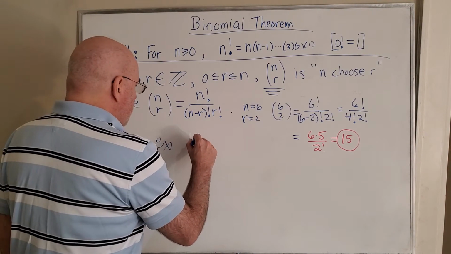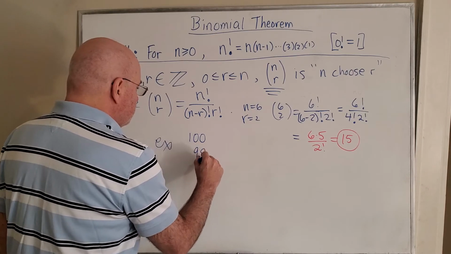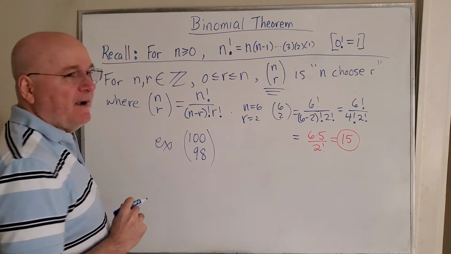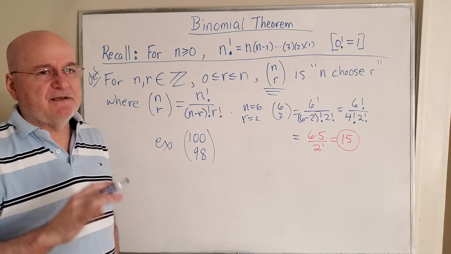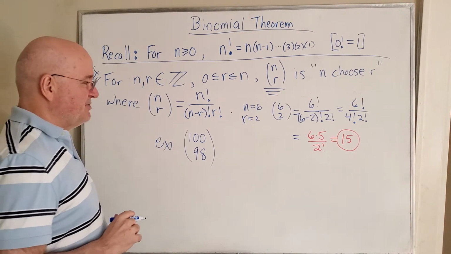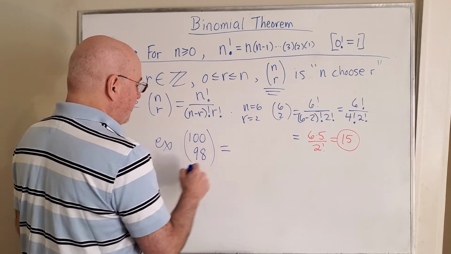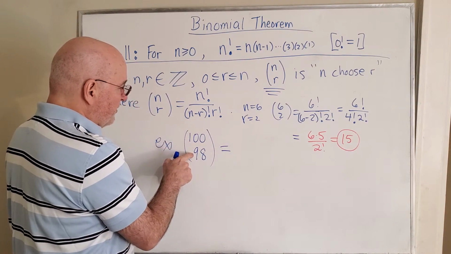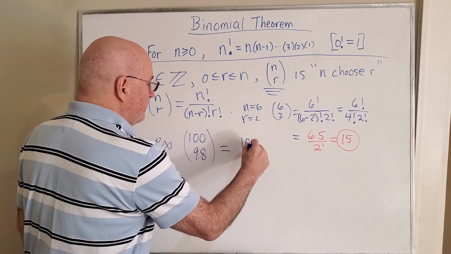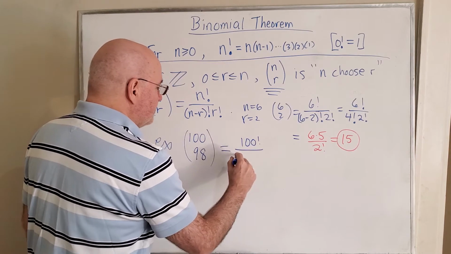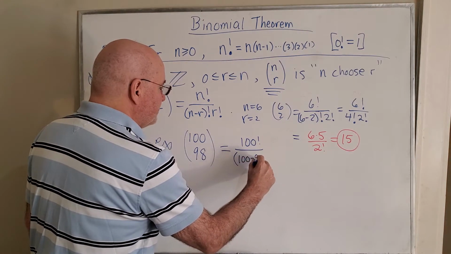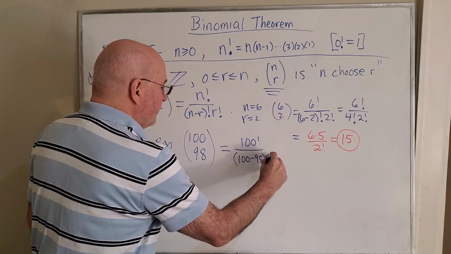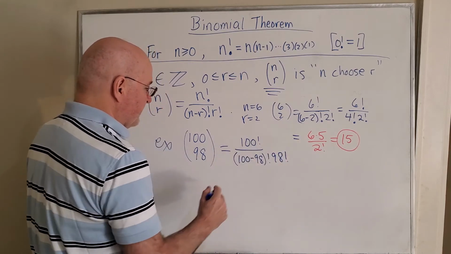100 choose 98. And you might be thinking, oh my goodness, that's a terrible problem. It's going to be big numbers, a lot of arithmetic. It's trivial. N is 100 and r is 98. 100 factorial over 100 minus 98 factorial times 98 factorial.